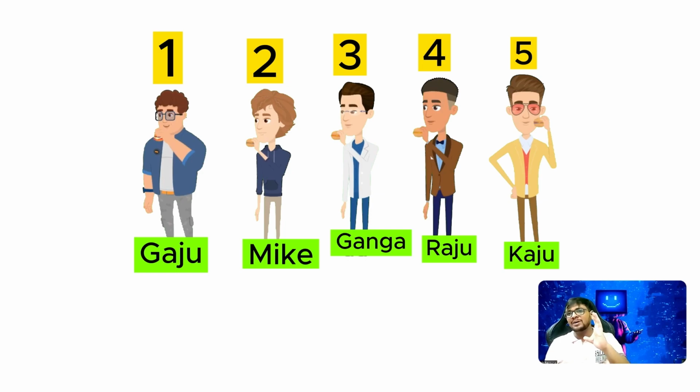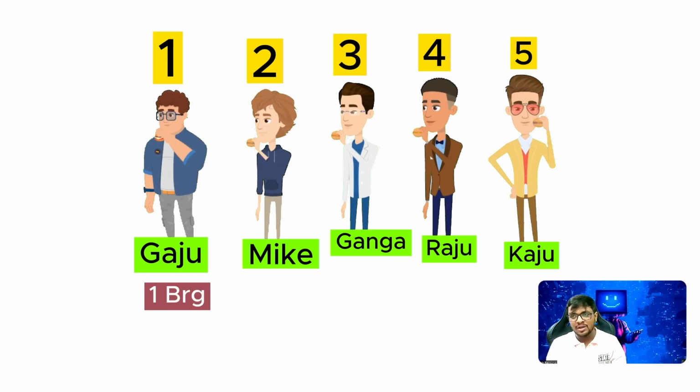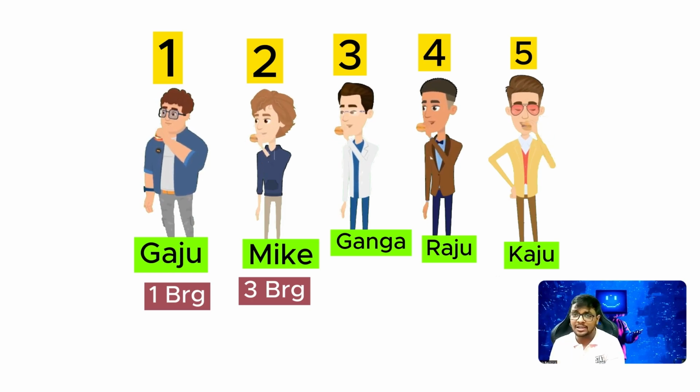Now, Gajodhar is the person who 100% knows how many breads he has. So Gajodhar would say that I have 1 bread. Mike would add his number to it, 1 plus 2. So Mike in total has now 3 breads. Now Mike would say this to the guy behind him, Gangadhar, whose number is 3, so 3 plus 3.